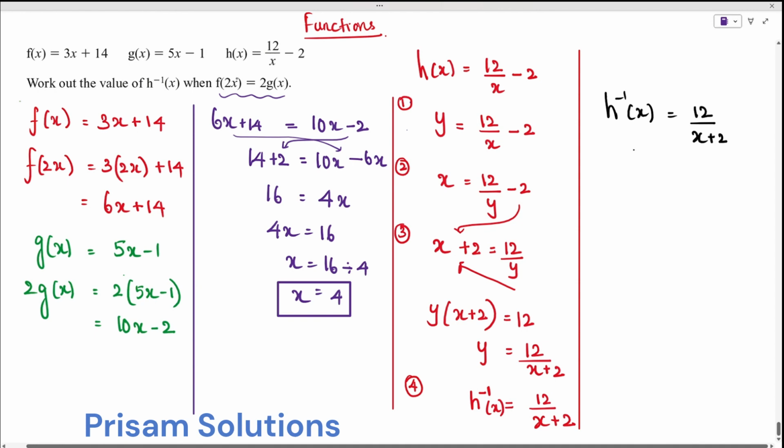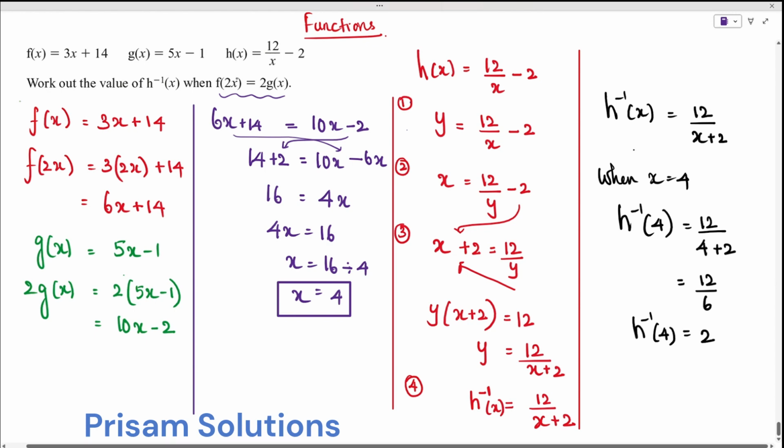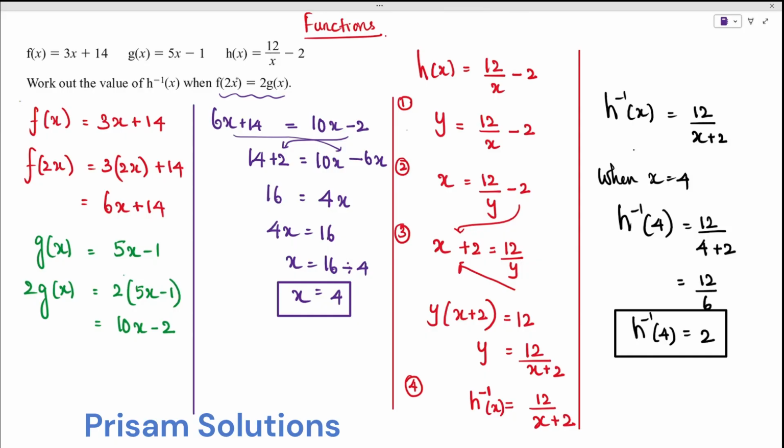If we substitute 4 into h inverse of x, h inverse of 4 is equal to 12 over 4 plus 2, which is equal to 12 over 6, which is equal to 2. So h inverse of 4 is equal to 2. And that's our value of h inverse of x.